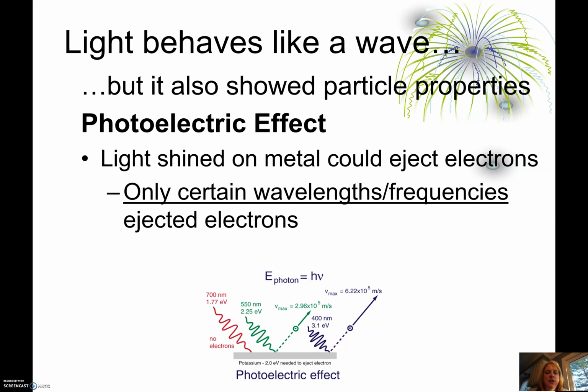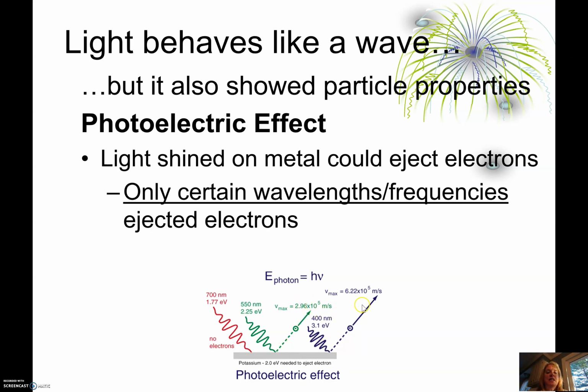If we take a look here at this metal, this is potassium metal down here. If we shine red light, remember red light had less energy, we don't get any electrons. Nothing happens. But if we dial up that frequency and go to, say, a green light, it starts to eject electrons. And every light that has a shorter wavelength or higher frequency than green light will do that.